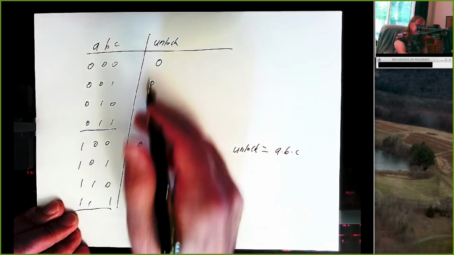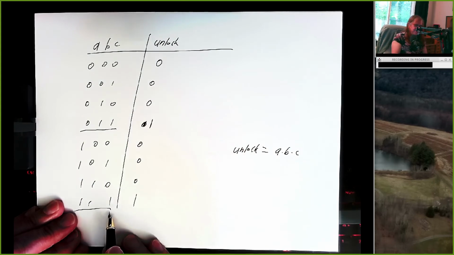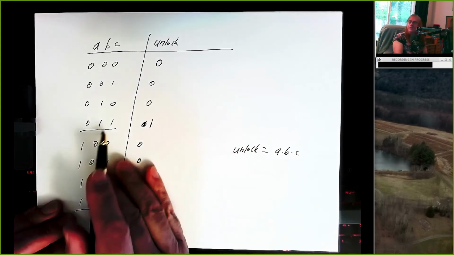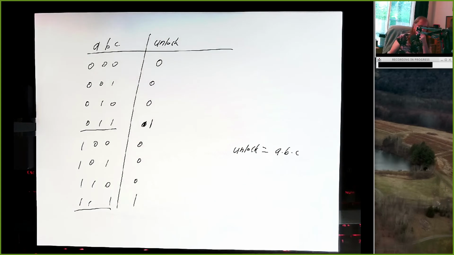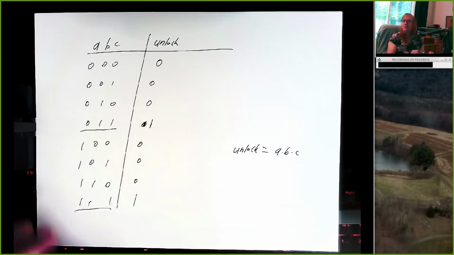And so I want a slightly different circuit which will unlock not only when all my inputs are 1, but if my inputs are a 0 and a 1 and a 1. Well, this is a little trickier, because we don't have a gate which says output a 1 when my first input is 0 and my second and third inputs are 1.